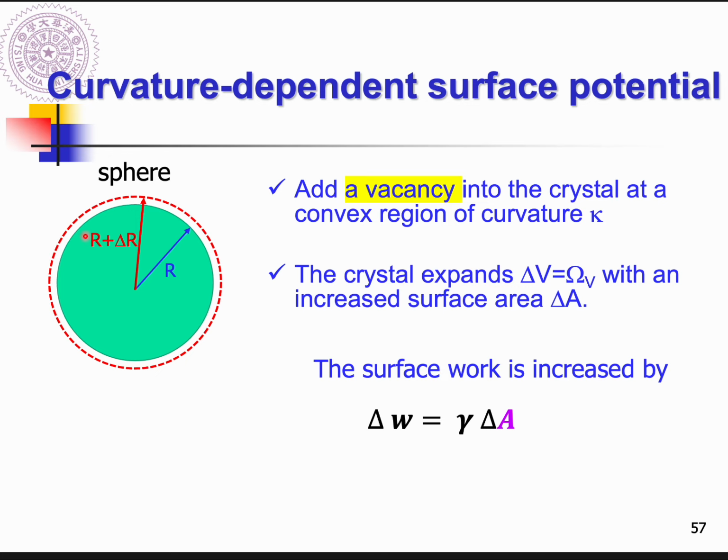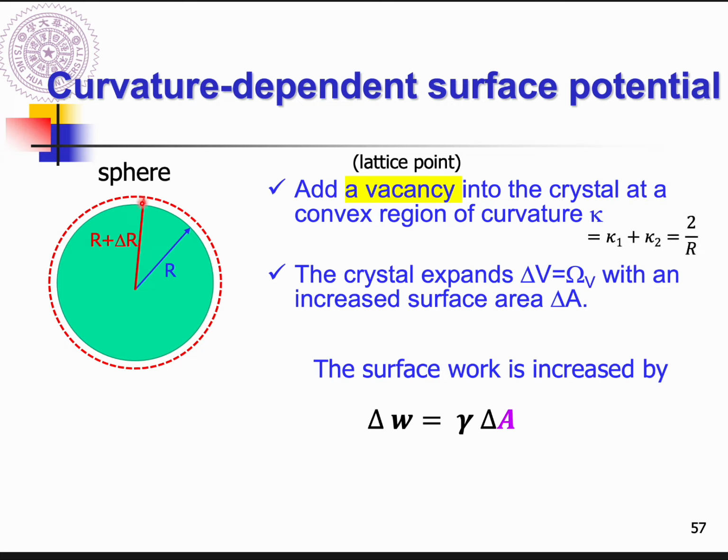What we have here is a sphere, like a ball-like structure, with the radius of r, and then we try to add a vacancy, or some people can consider it an empty lattice point, into this crystal at the convex region, and this convex region has the curvature kappa.